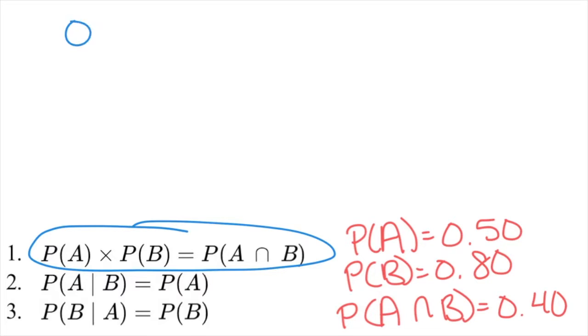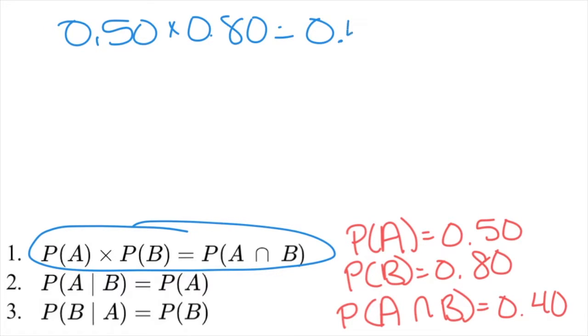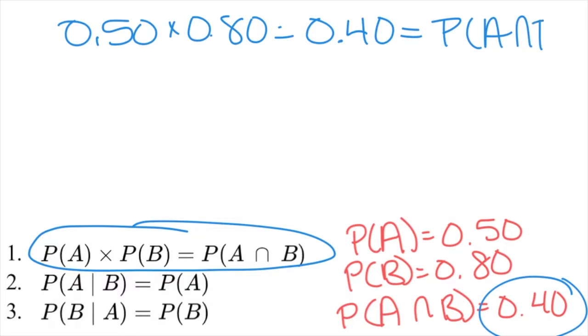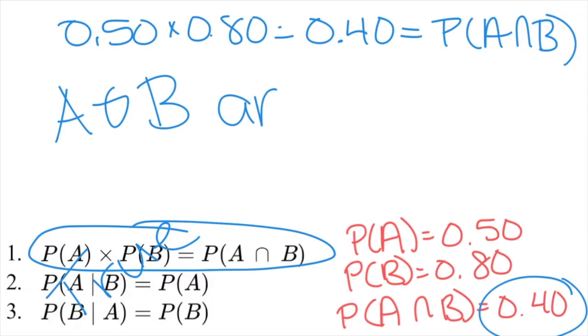The probability of A times the probability of B in this case equals 0.40, which is also the probability of A and B, which means that this is true. And if one of these is true, they're all true, which means that A and B are independent.